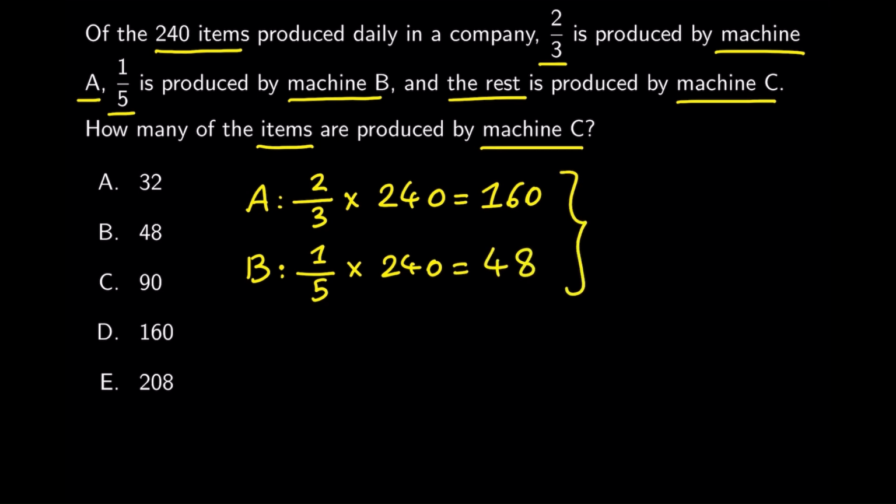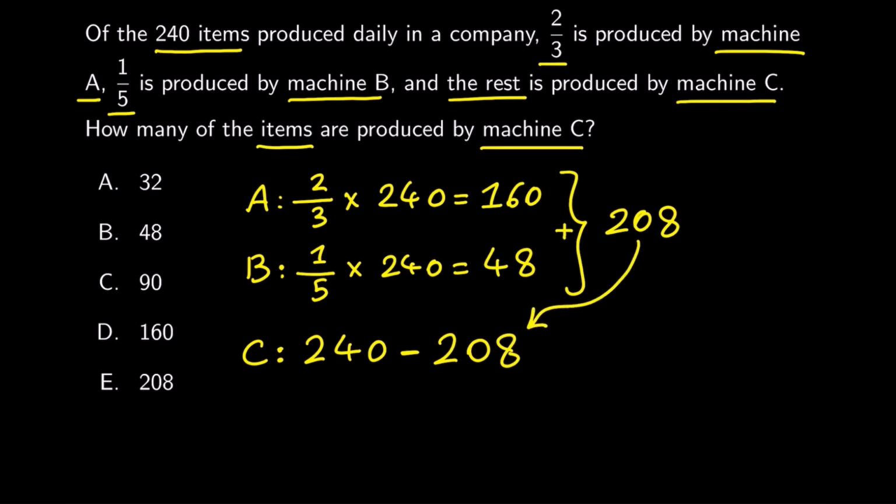Now we can find the combined production of machine A and B by adding 160 to 48 to get 208.